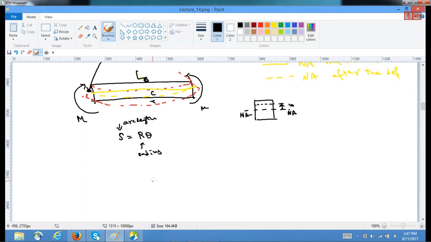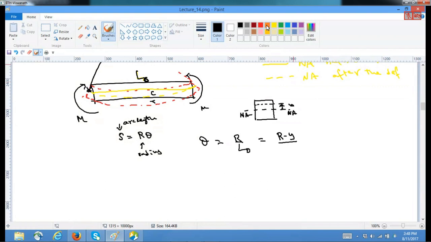So now I can write theta is equal to L by R. Okay, let me rewrite it. You see that the length of the neutral axis is L, so I can write theta as L naught by R, at a distance R. So let's consider a fiber which is at a height y.